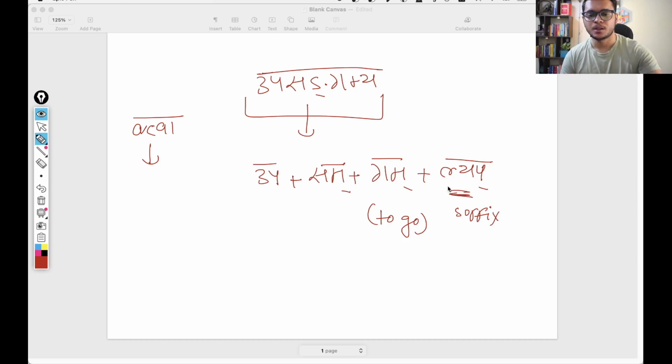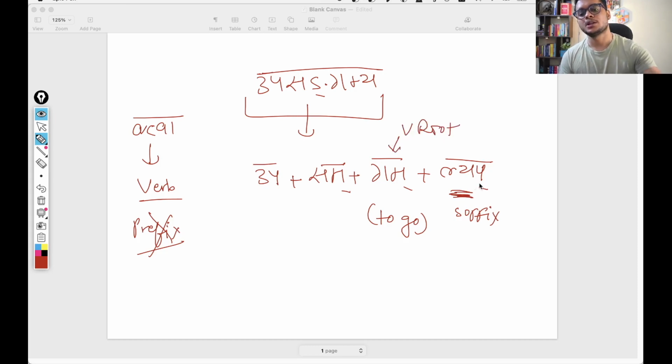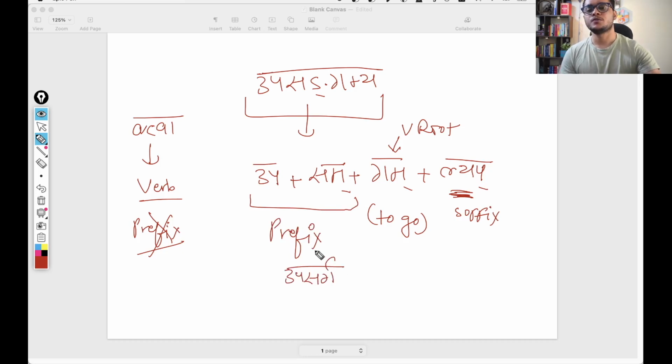Both are exactly the same, but the only difference in their use is that we use twa suffix with the verb root which does not have any prefix, and we use lyap suffix with a verb that has a prefix attached to it. Prefix, or as we say in Sanskrit, upsarga. Whenever you have an upsarga or prefix attached to a verb, we use lyap suffix instead of twa suffix. That is the only rule.